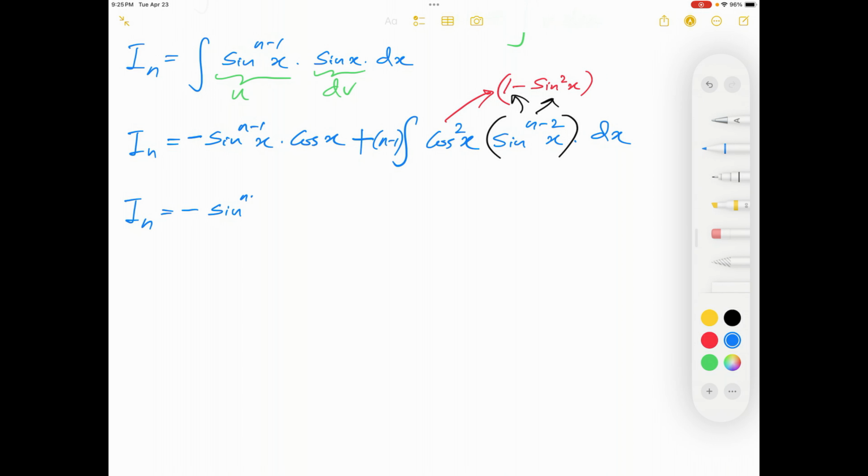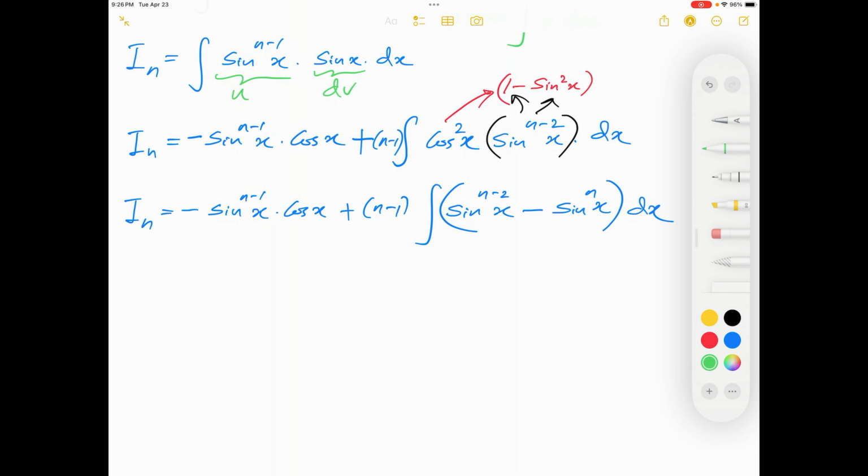On the right hand side I have minus sine n minus first power x cosine x, plus n minus 1 times the integral: when 1 is multiplied by sine n minus second power x, it will become sine n minus second power x. And I will have a negative symbol, and then I need to multiply sine n minus second power x with sine squared x. The powers will be added and it will become sine nth power x.